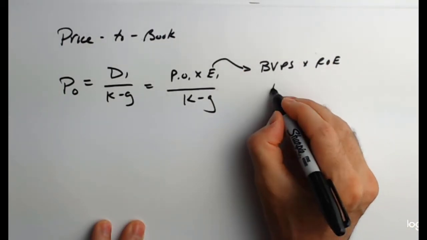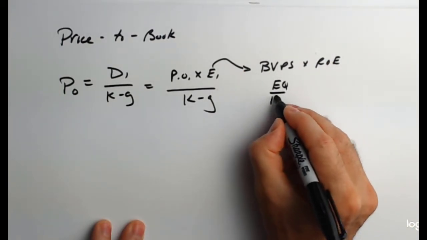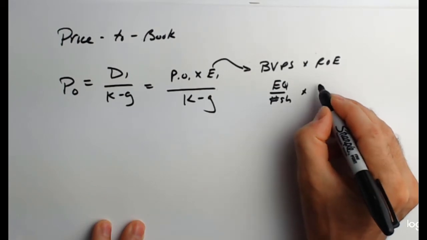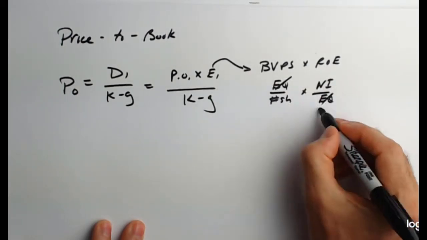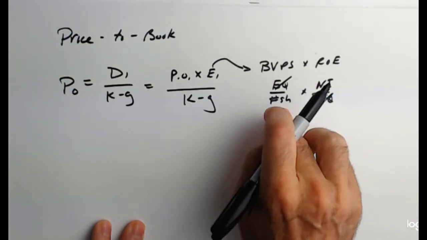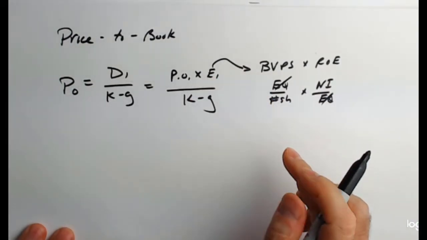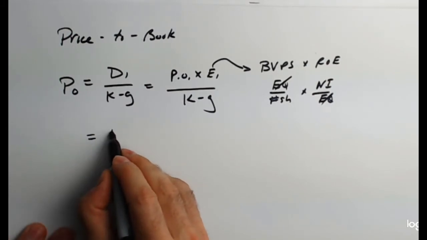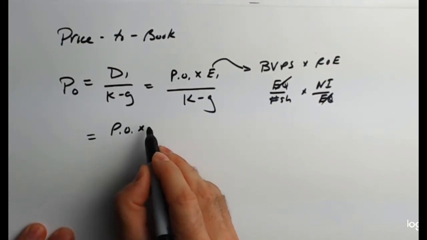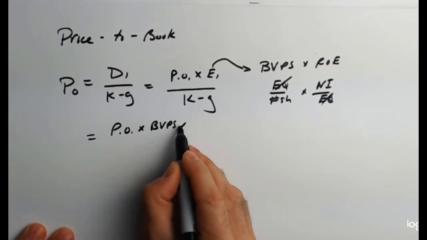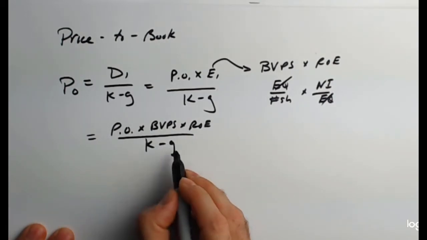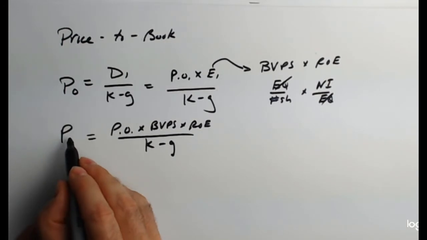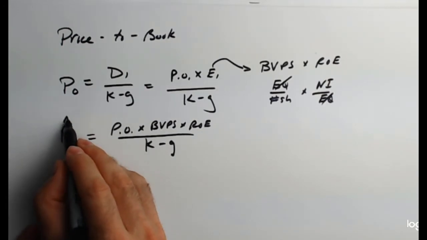Well, book value per share is equity divided by number of shares times net income divided by equity. So equity crosses out, it's net income divided by shares, that's earnings per share. And there you have it. It's payout times book value per share times return on equity divided by K minus G. Okay, that is an estimate of price.